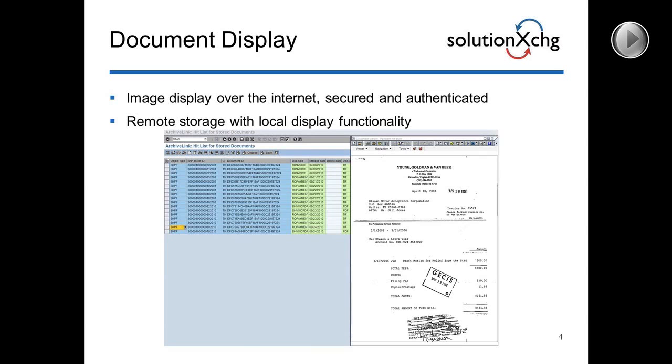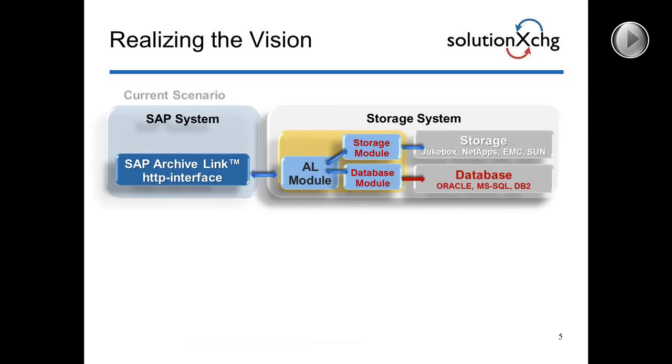I would like to now show you how you can make your life easier when moving to the cloud with your content server. Most systems in the market that you find for content servers will follow this architecture scheme where you have an SAP system with your SAP ArchiveLink HTTP interface, but you have a storage system that then has an interpreter for this ArchiveLink interface that talks to a storage module that then has a driver for whatever backend storage you're using, and a database module which then interprets the communication to the database.